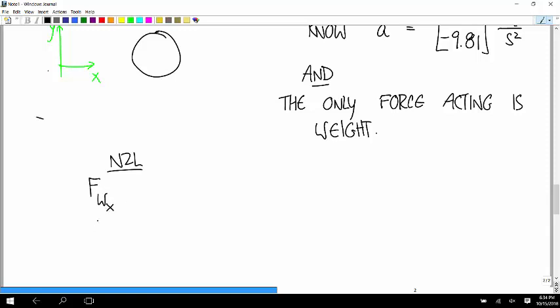I'm going to break it up into x and y components. That's what we're going to calculate. And that's equal to the mass of the object. We said we're dealing with a mass m, so mass times the acceleration of 0, negative 9.81.